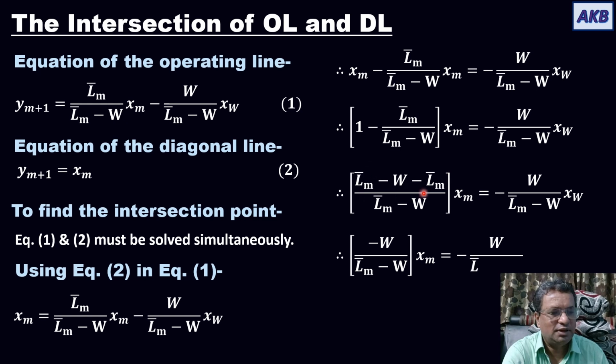Okay. So L bar M and L bar M get cancelled, and you are left with minus W upon L bar M minus W into Xm, that is equal to minus W upon L bar M minus W into Xw. In the next step, you have a common term on both sides, minus W upon L bar M minus W, so these two are going to get cancelled.